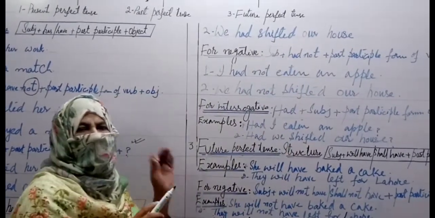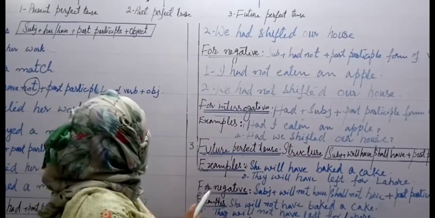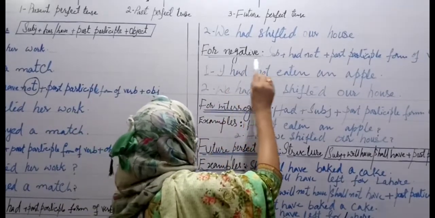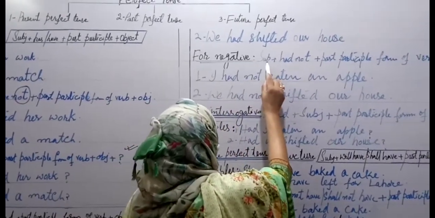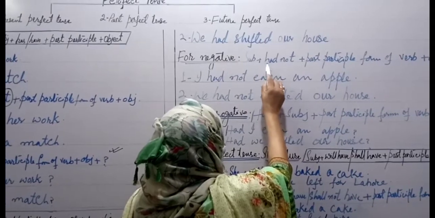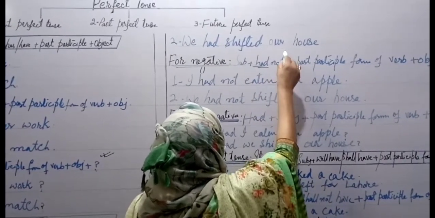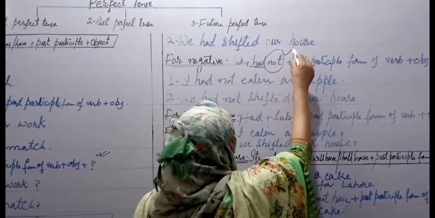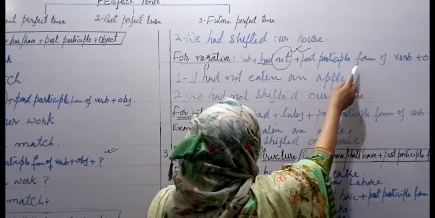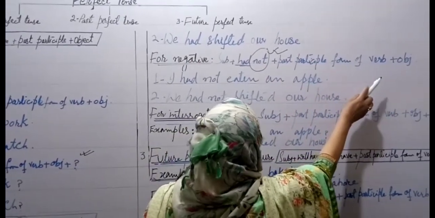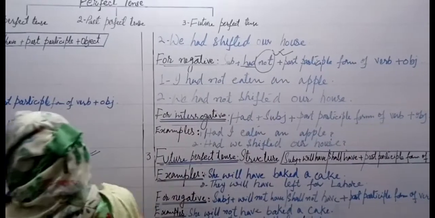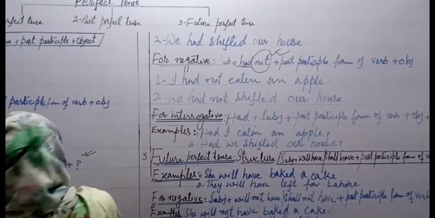Now, how will you make this sentence negative? So, according to this tense structure, first you will write here subject. Then just after auxiliary verb had, you will put here not. Okay, beta? Then past participle form of verb and object. So look at the same example. Example number 1.